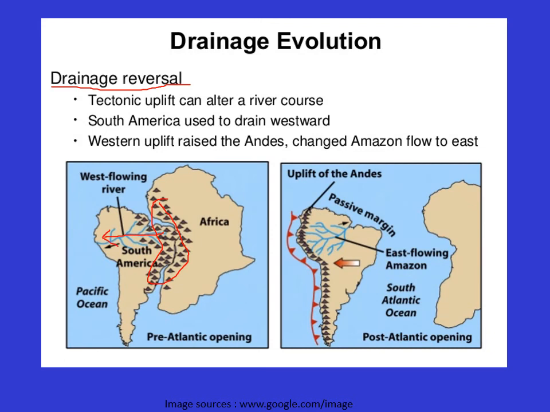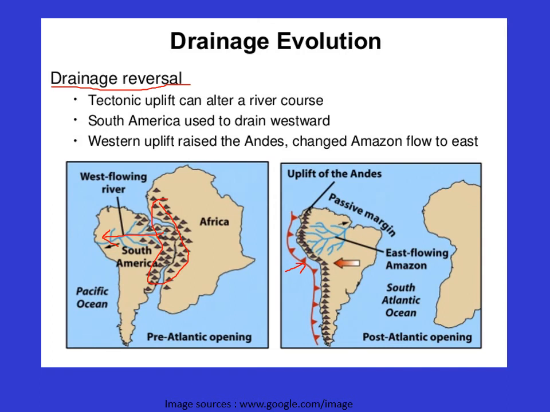But after the separation of these two continental landmasses, the entire west and east coast of South America is open to the ocean body, and the Nazca plate in the western margin of the South American plate, that is an oceanic plate, started submerging below the continental South American plate.